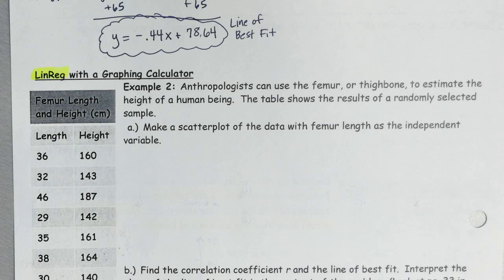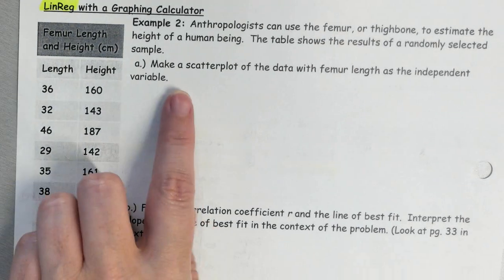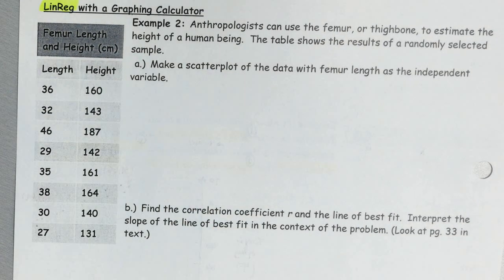So in the table, we have some randomly selected data, just called a sample. And then when we do part A, where we're making the scatter plot, we're actually going to do that with our graphing calculator as well. And then it says that you need to use the femur length as the independent variable.